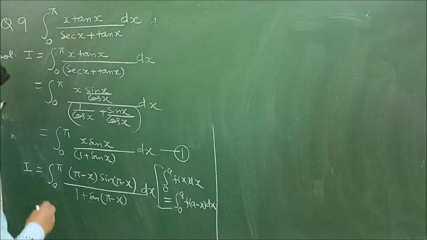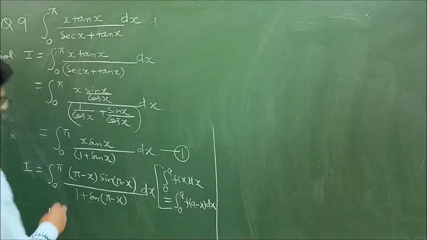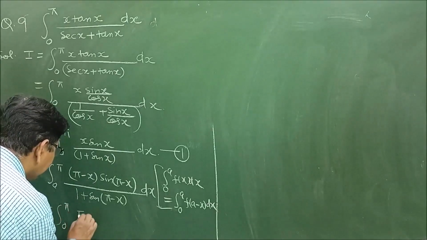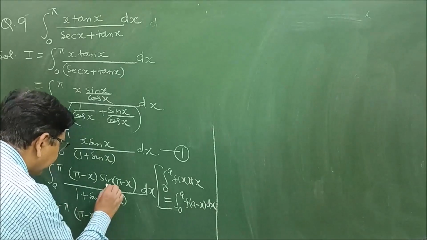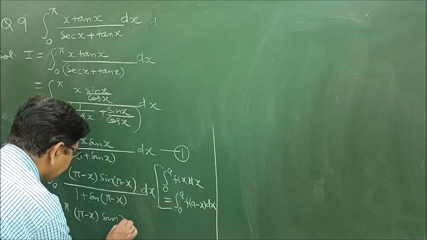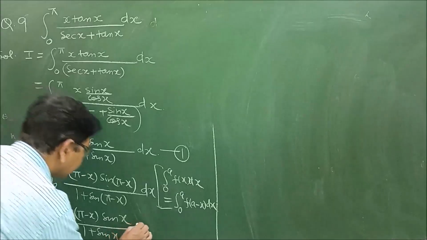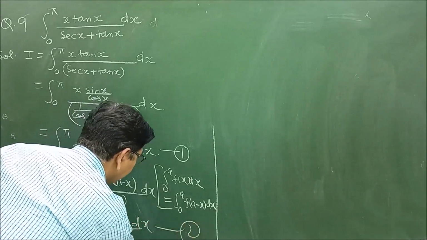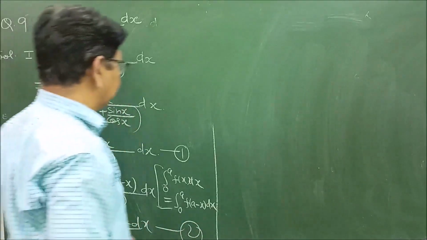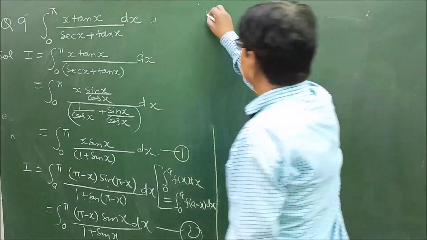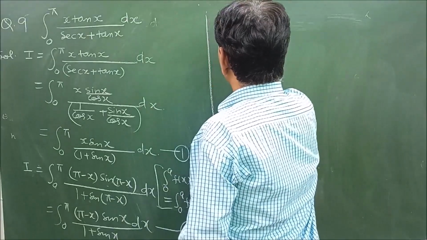Now this is equal to 0 to pi, pi minus x times sin x, since sin of 180 minus x is equal to sin x, upon 1 plus sin x dx. This is equation number 2.